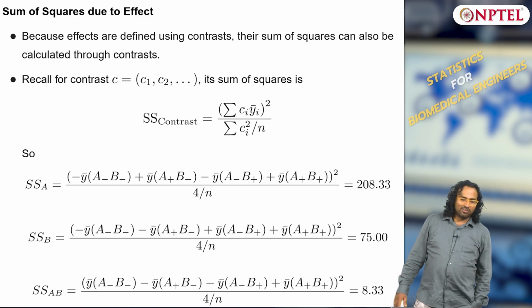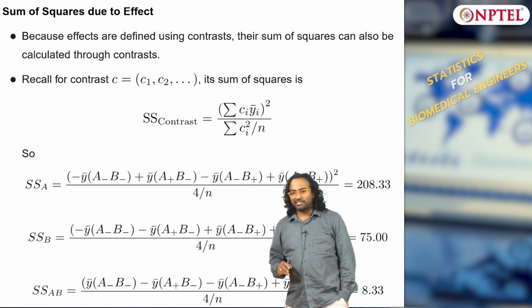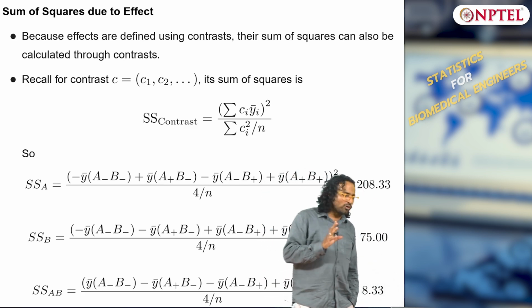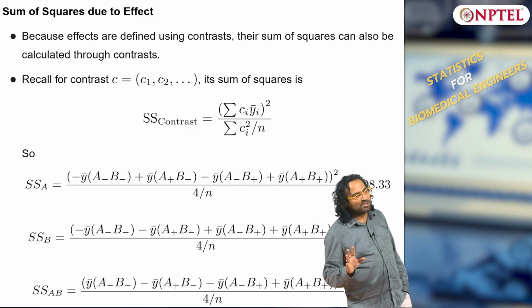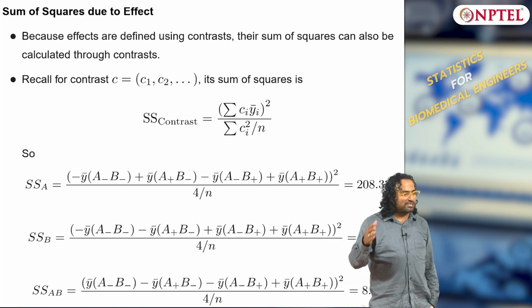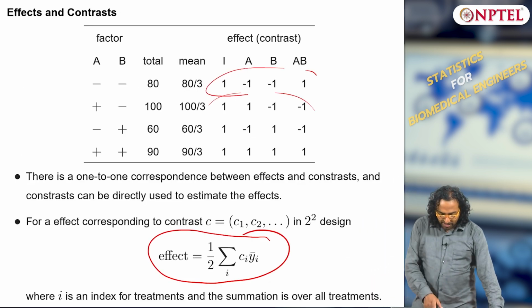And now the moment you write the equation in that certain fashion, in the contrast fashion, sum square treatments become pretty simple. Sum square A, sum square B, sum square C, all of them become pretty simple, because this is nothing but, what do we know?